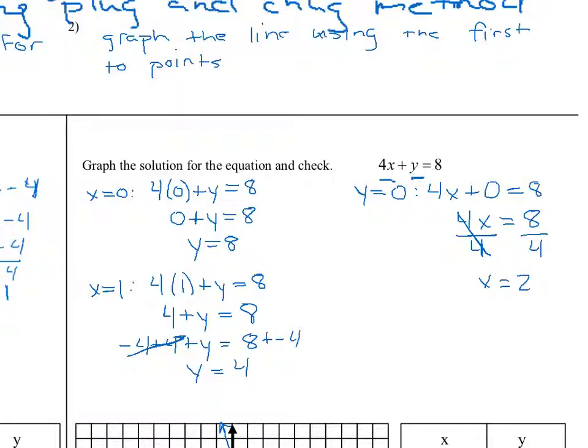And we're doing this to find a good third point to check.